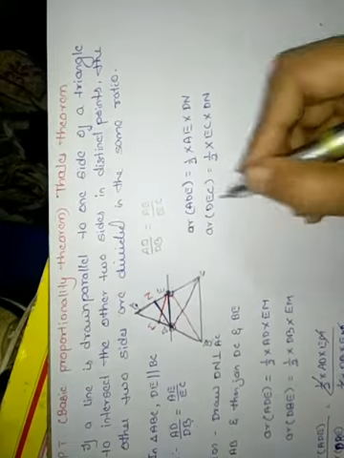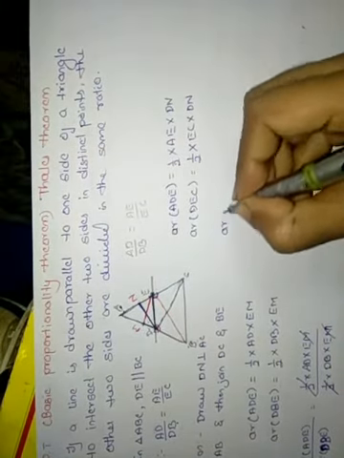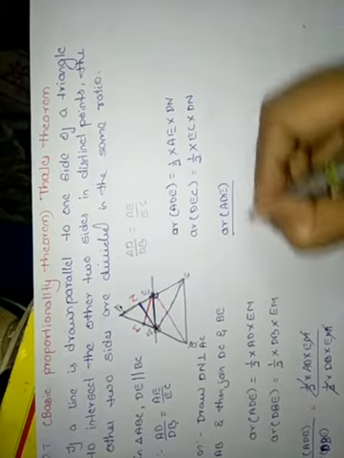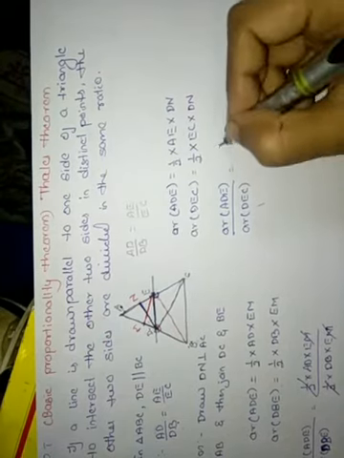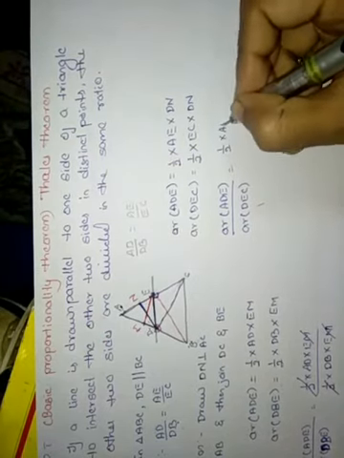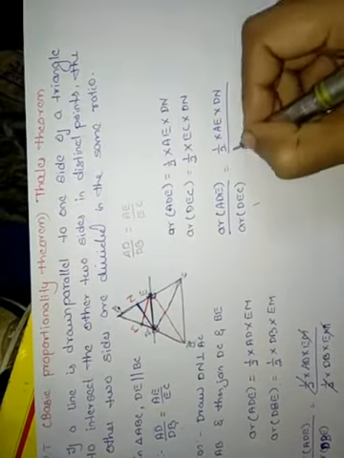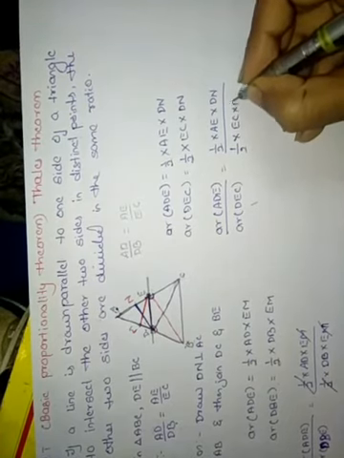Again we'll take the ratio of these two equations. Area of triangle ADE divided by area of triangle DEC is equal to half into AE into DN divided by half into EC into DN.